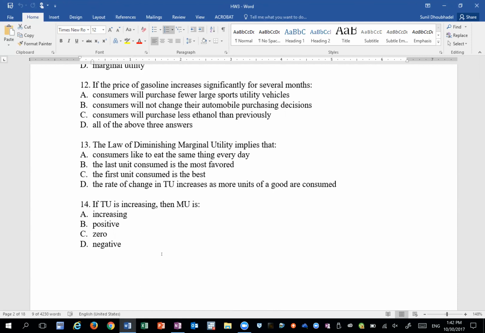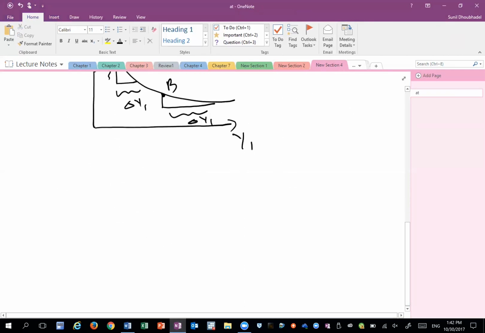Is it possible that marginal utility is decreasing, but total utility would be increasing? Is it possible or not? And it is possible. Why?